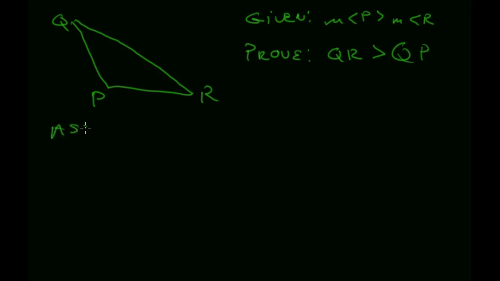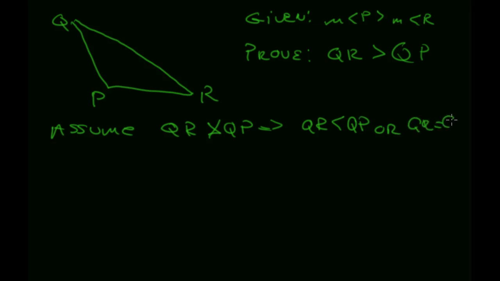So we're going to assume that QR is not bigger than QP. Okay, so this implies either that QR is smaller than QP or QR is equal to QP.